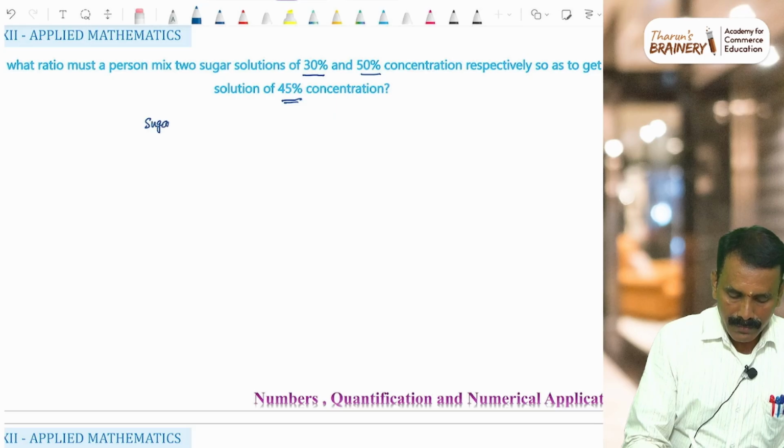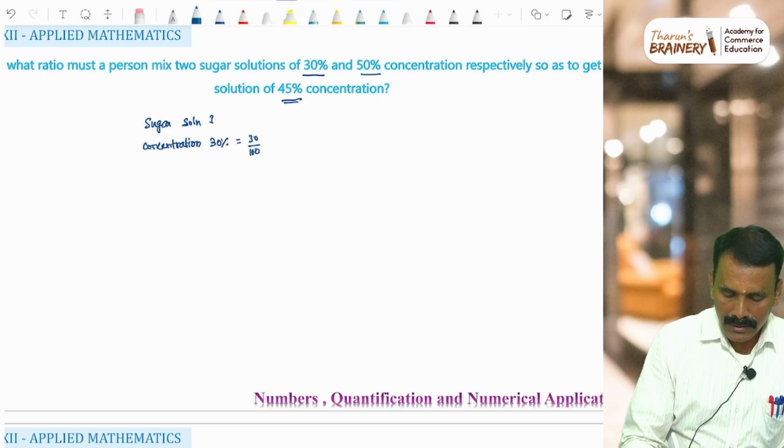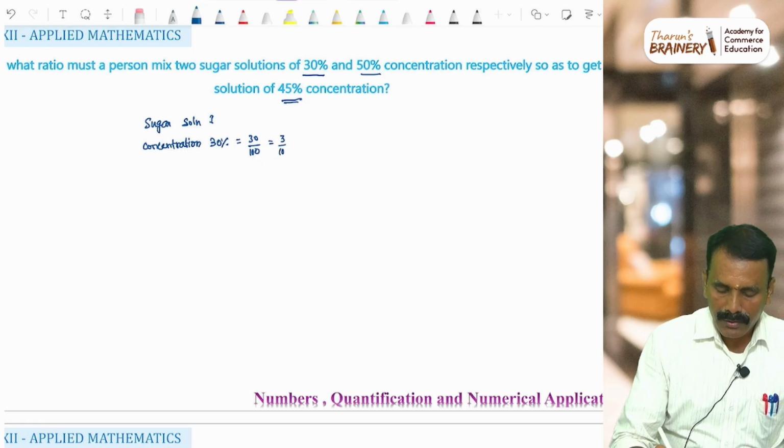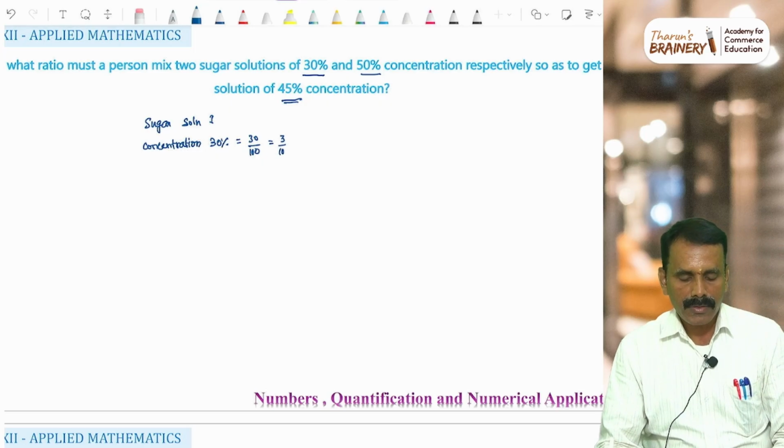We have the first sugar solution 1. Here it is going to have concentration 30%. 30% is nothing but 30 divided by 100, that is nothing but 3 by 10. So out of 10 parts, you will have only 3 parts as the sugar concentration.